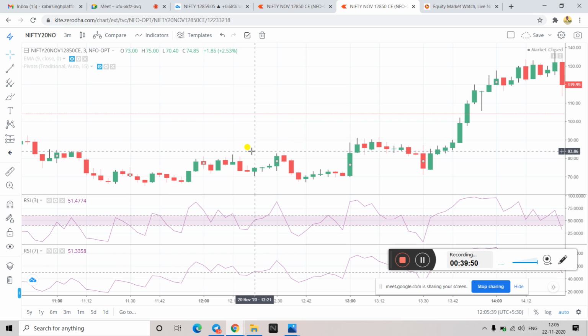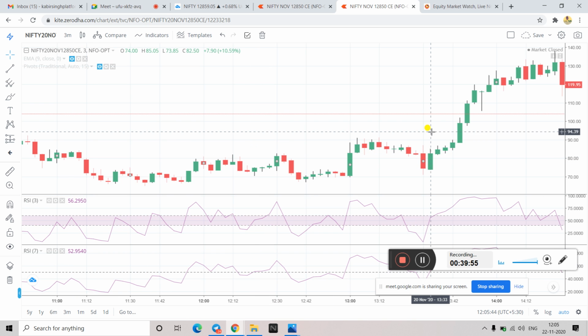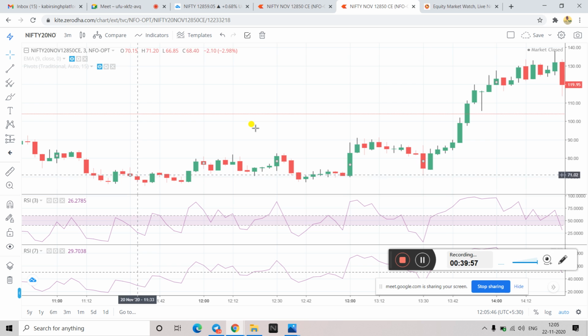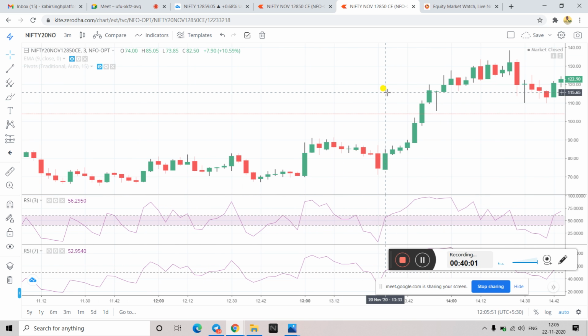If we are on the buy side, you can see RSI 7 is here, RSI 3 is there, and when I put my cursor on any candle, you can see the RSI values changing. These RSI values are of this candle.